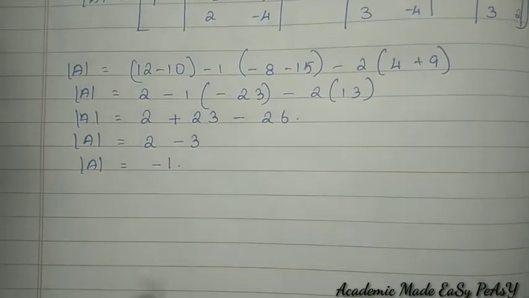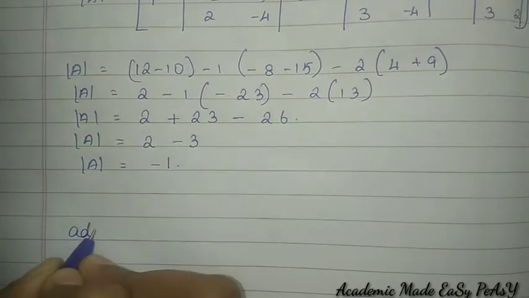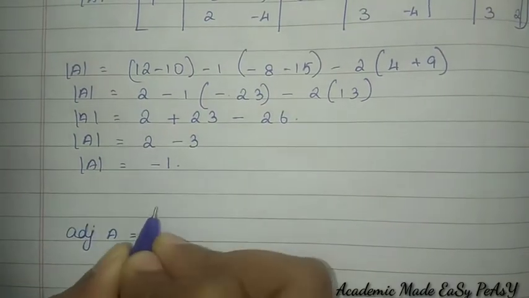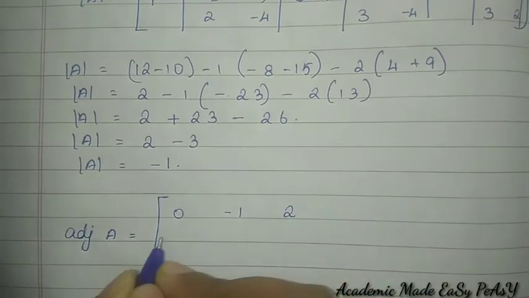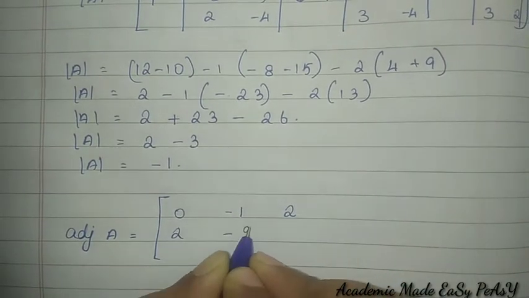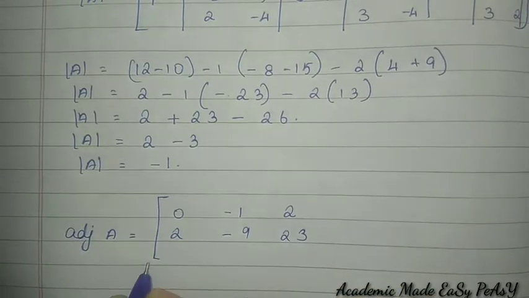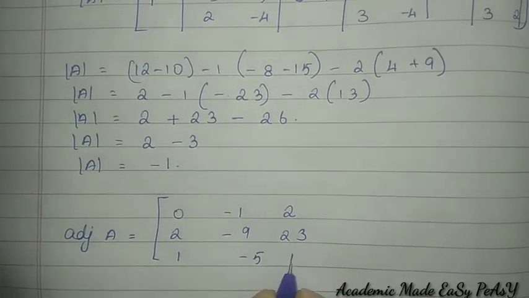So now let's find adjoint A. So adjoint A is equal to 0, minus 1, 2, 2, minus 9, 23, 1, minus 5, 13.